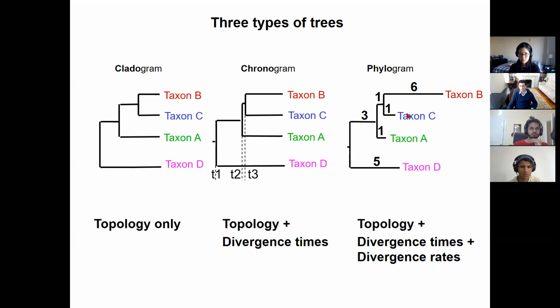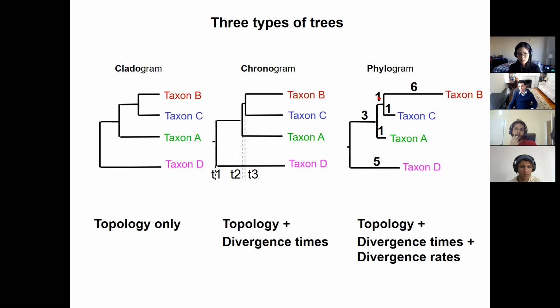Whereas a phylogram is including the topology as a cladogram, the divergence times as a chronogram, but also the different divergence rates of each species. So for example, taxon B might be evolving 6 times more rapidly than taxon C, even though they've both been on the planet the exact same amount of time, just like everything else on our planet.